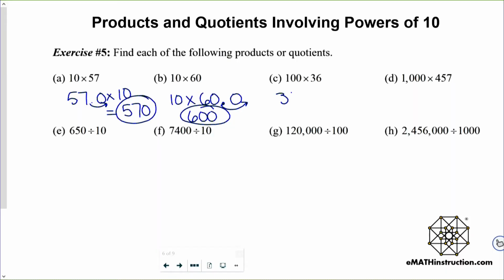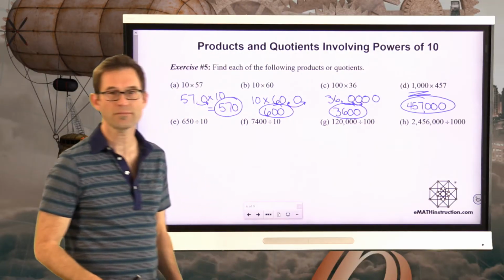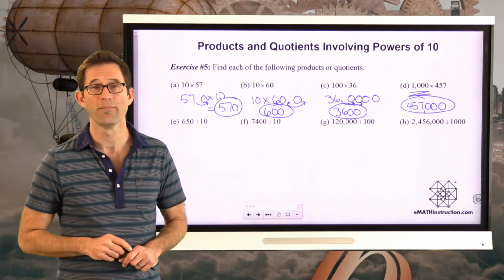So, whereas if we had 36.000, etc., we're now going to move it 2 places to the right, we will now have 3,600. And if we multiply by 1,000, we move that decimal place 3 to the right, giving me 457,000. All right, multiplying by powers of 10, so simple.